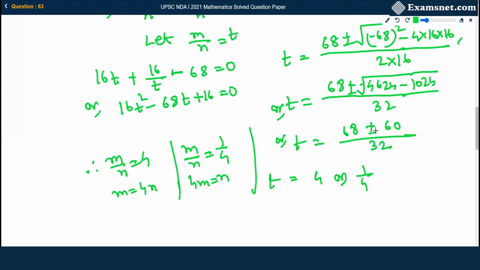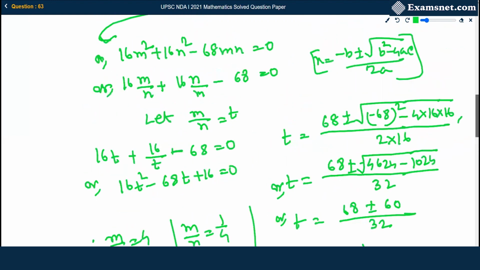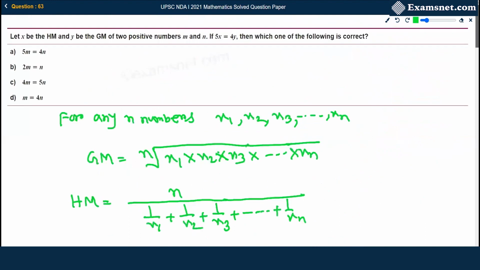Correct? So let's check m equals 4n or n equals 4m. Which one of the following is correct? So yes, it's only given here m equals 4n, this option. So this one is correct. Option D is the correct one.